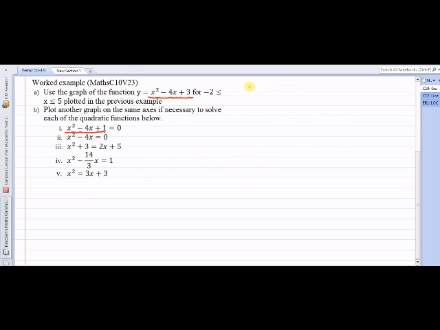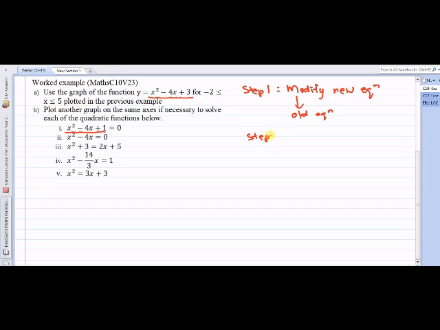It's actually very simple. Step 1, we need to modify the new equation so that it looks like the old equation.